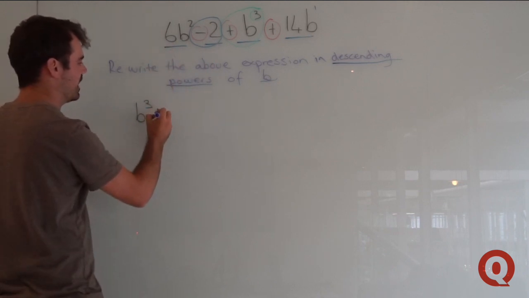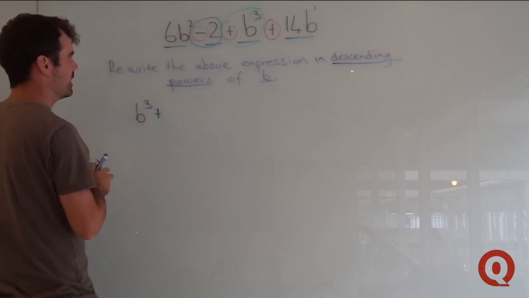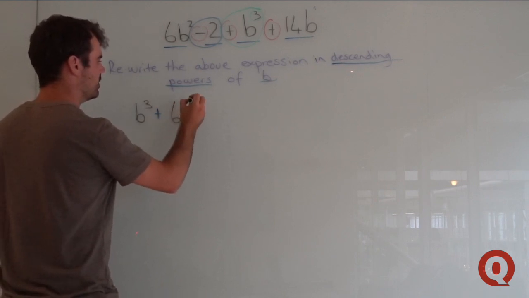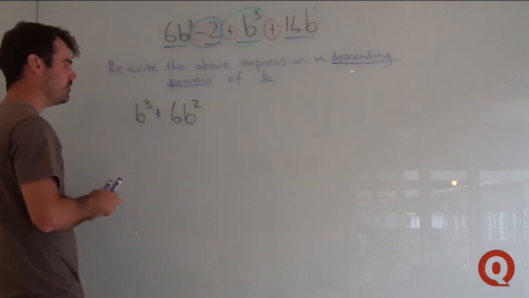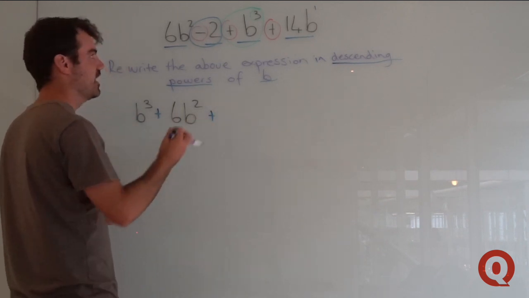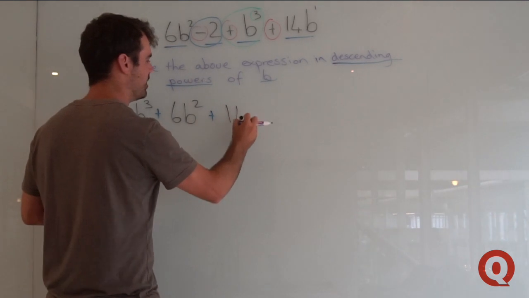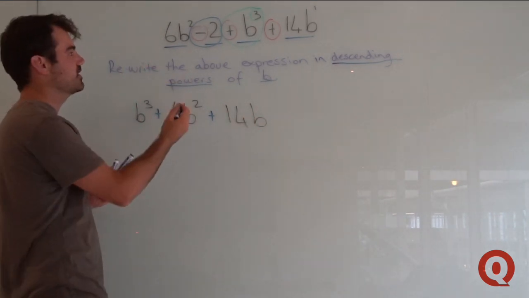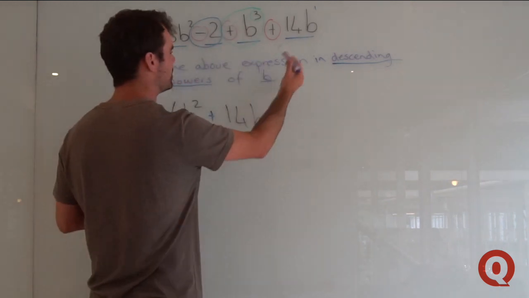It's going to be a positive, plus 6b squared. And then I've got another plus, and I've got 14b. And last but not least, it'll always be your constant, because your constant doesn't have a power, hasn't got b to the power or anything.